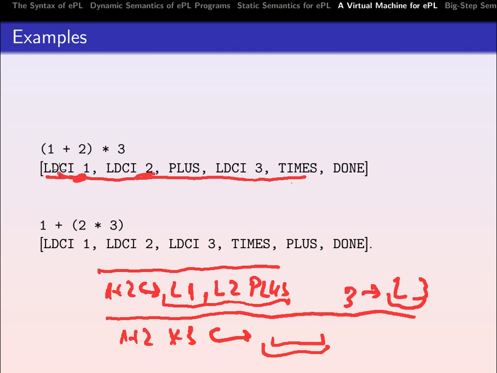So 1 plus 2 should compile to whatever the left, whatever the right, and the plus. So this is how we obtain it. I can build again, as for the case when we had the types, a backward tree, obtaining at every level the compilation for every sub-expression. And all these compilations can be combined together by just concatenation. Does it make sense?